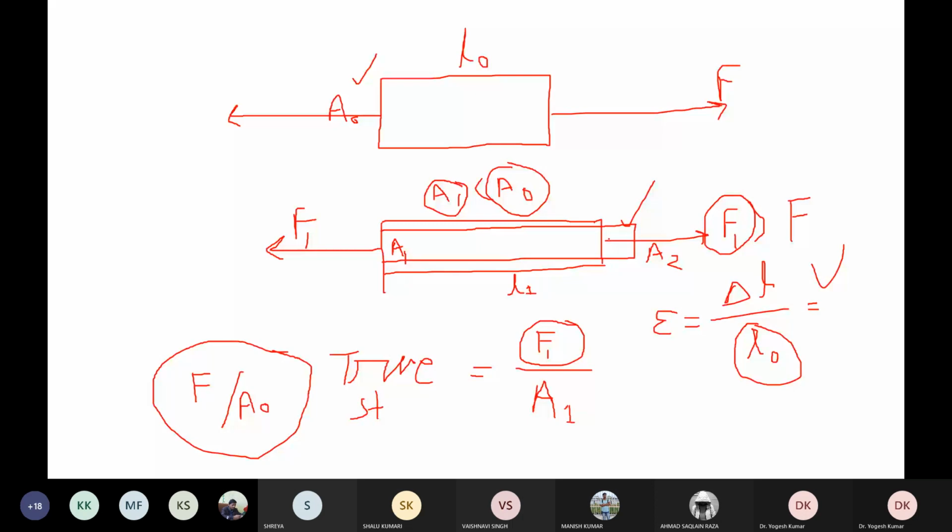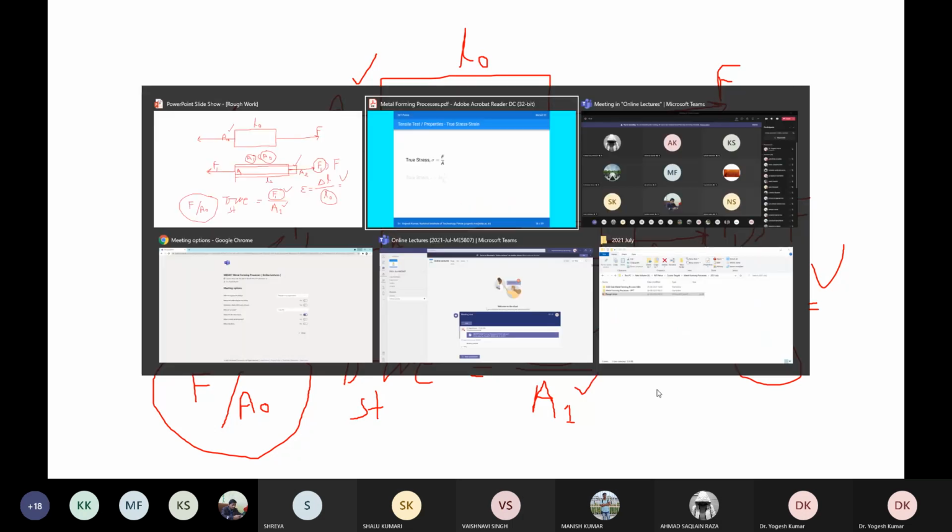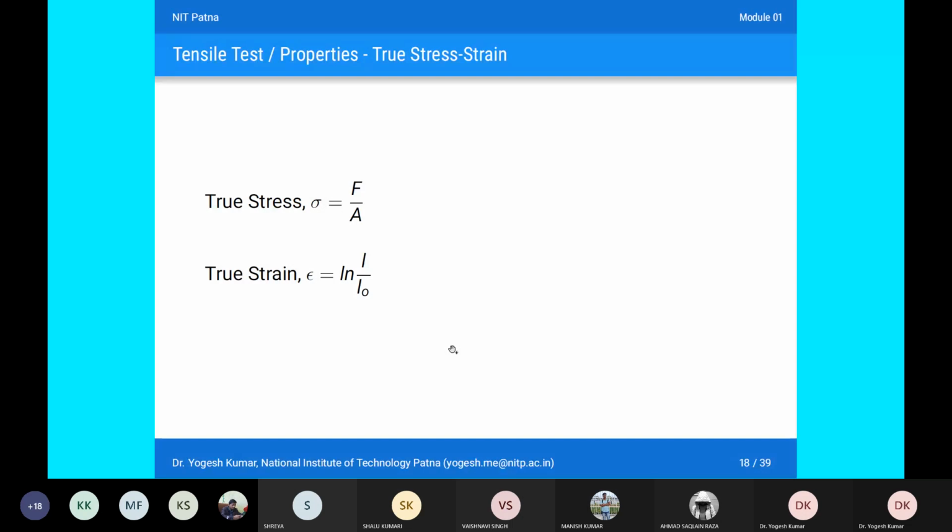But now we also have to see the actual strain, or the true strain, on your specimen. For calculating the true strain, unlike true stress, where we calculated force upon instantaneous cross-sectional area, for true strain we take the natural log of your instantaneous length divided by your original length.